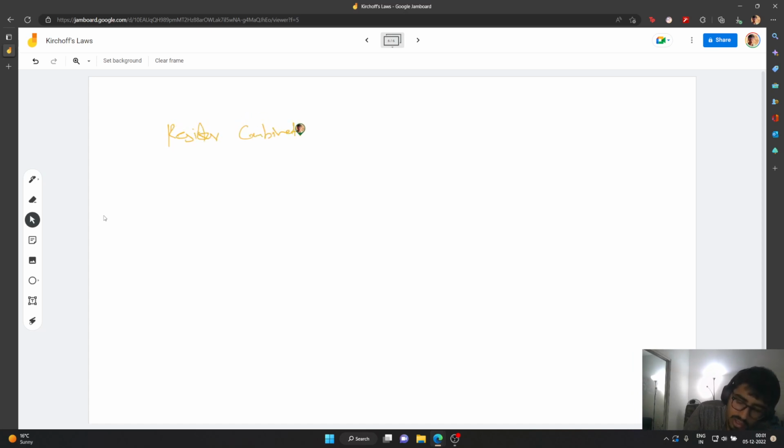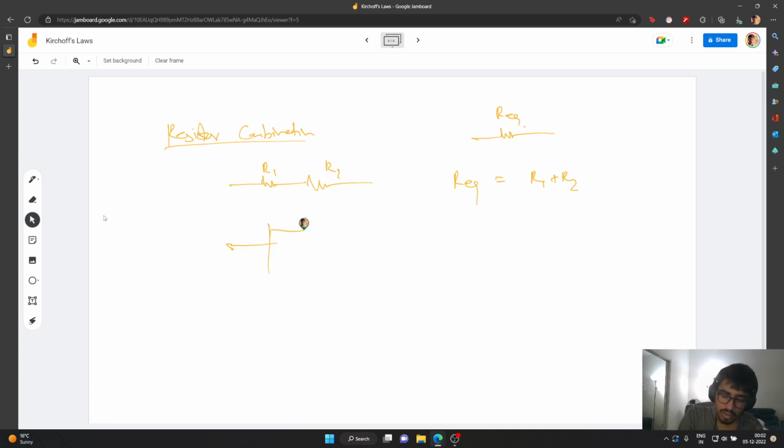If you have two resistances in series, R1 and R2, then R equivalent is equal to R1 plus R2, which is when you convert this into a single resistor. And if they are in parallel, R1 and R2, then 1 by R equivalent is equal to 1 by R1 plus 1 by R2. Now we're going to look very briefly at how these two happen.